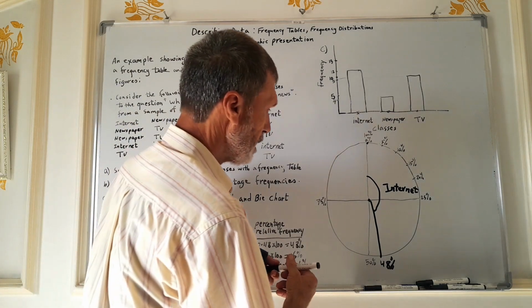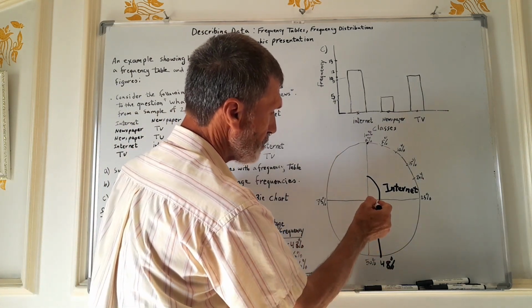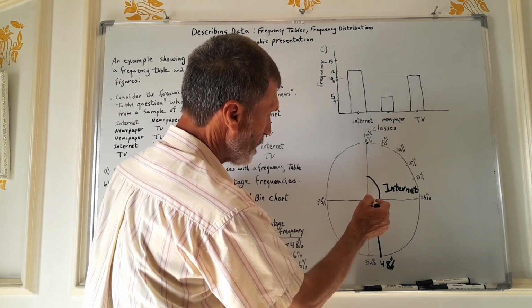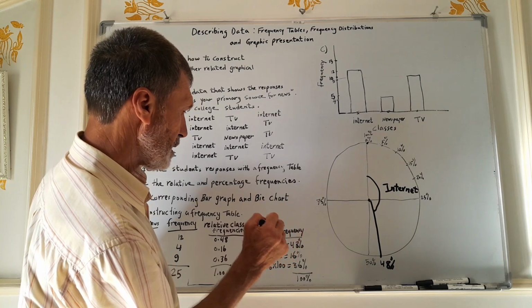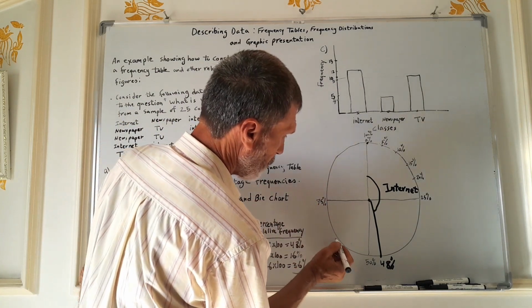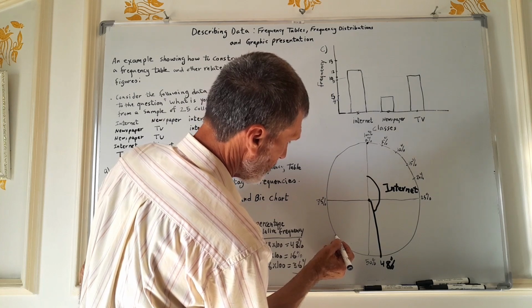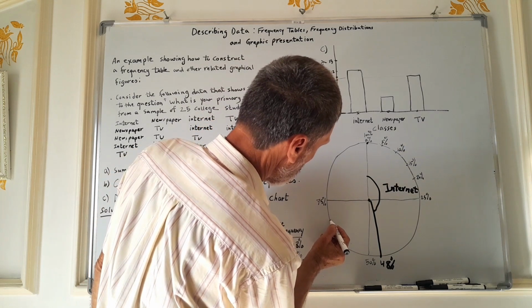So we move here and draw a line from the center of the circle to 64%. That's 64 over here.